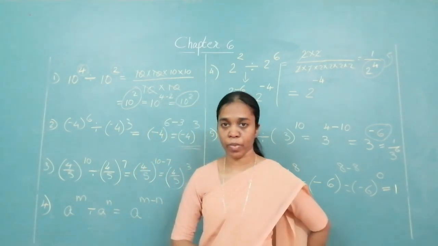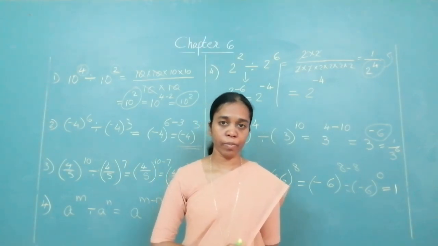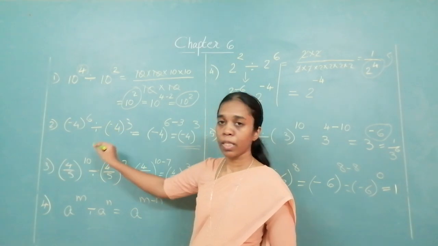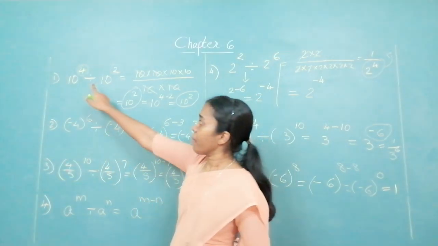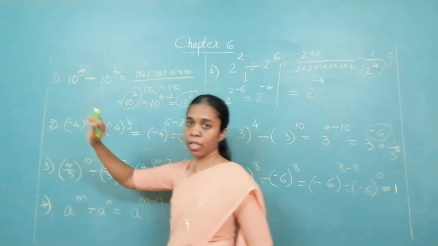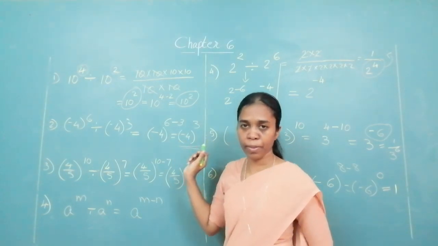In division, if the base is same, subtract the indices. In multiplication, you add the indices. In division, you subtract the indices. Now, when you subtract, if the first index is bigger, then you get directly a positive index in the answer.